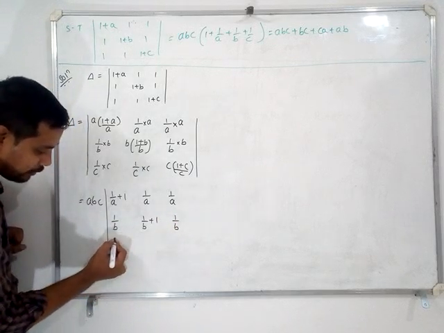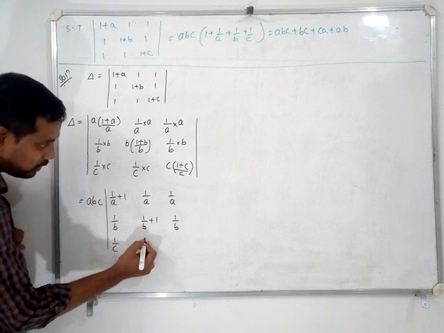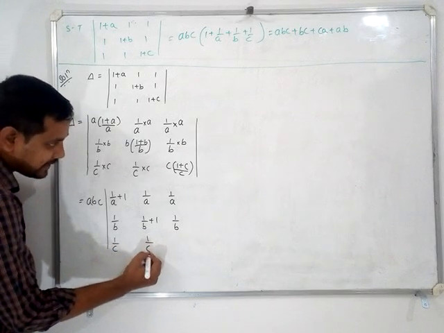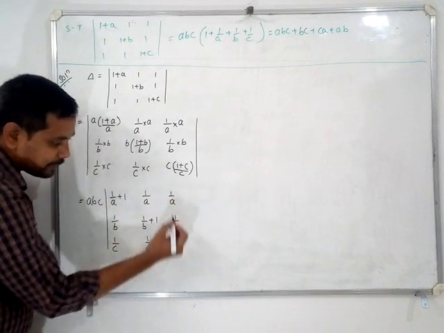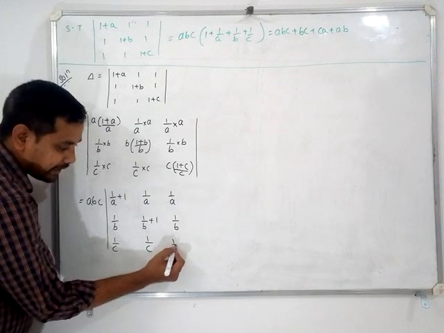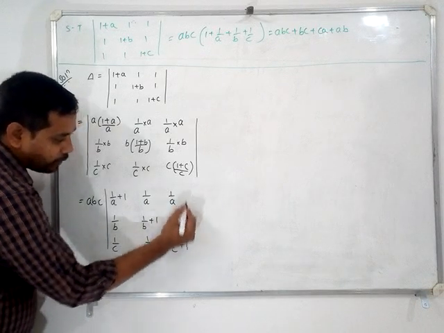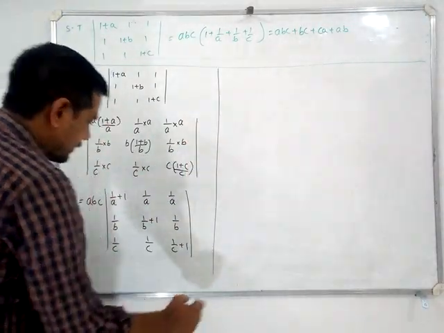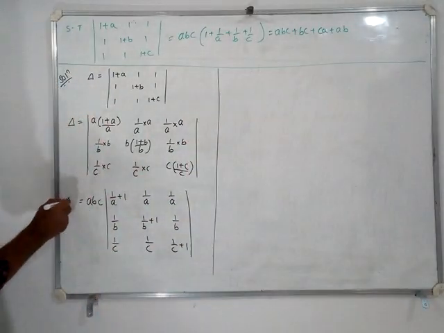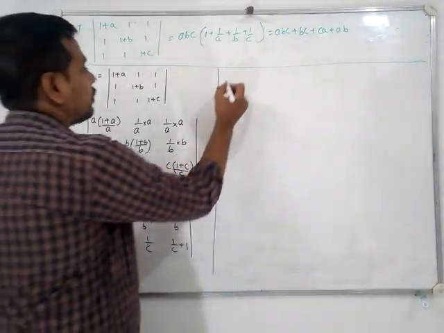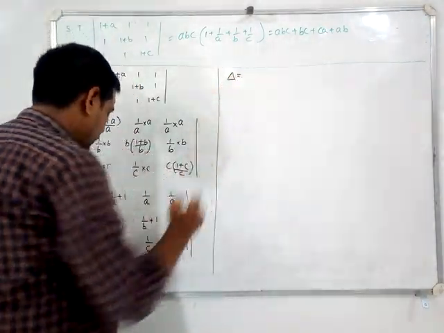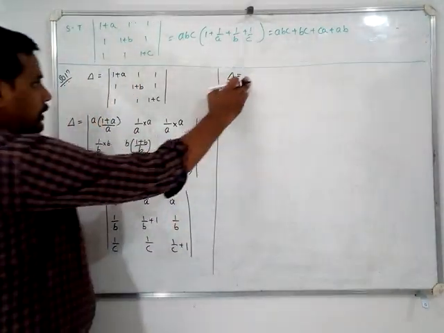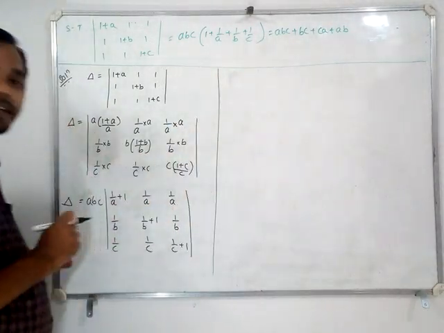And here the same thing, 1 by C, and here C comes out, 1 plus C by C, which can be written as 1 by C plus 1. This is how it will be, right? So this is the determinant. I hope this is clear.